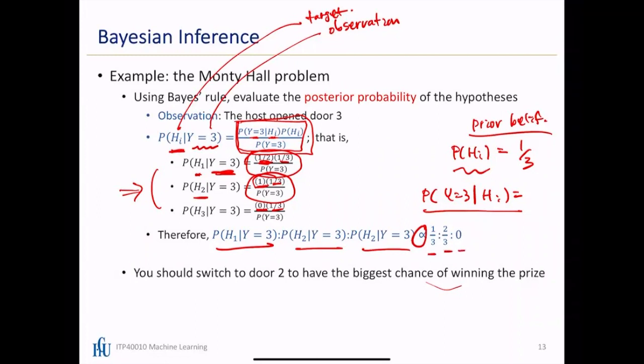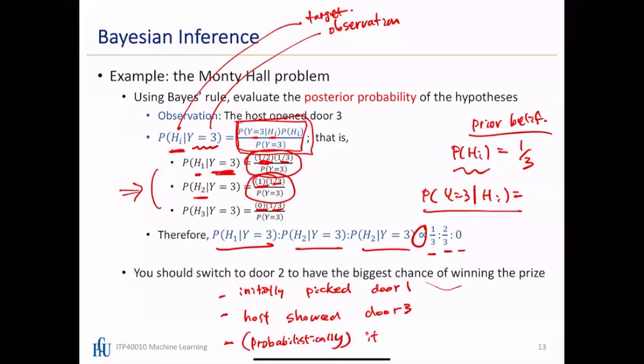So you initially picked door number 1 and the host showed door number 3. Then probabilistically, it's better to switch your choice.